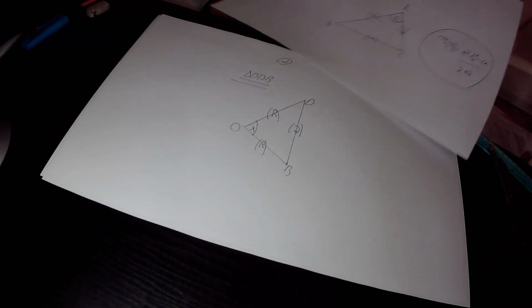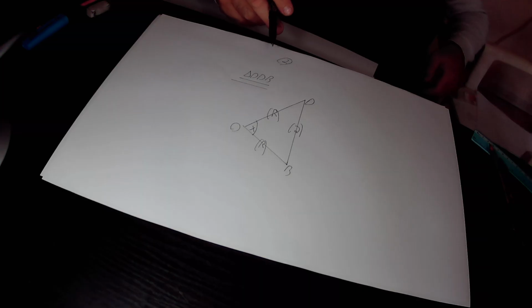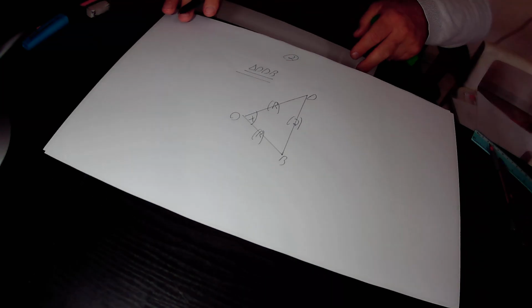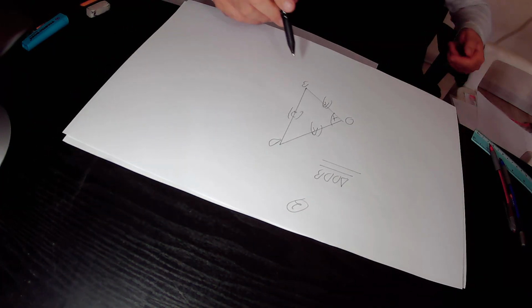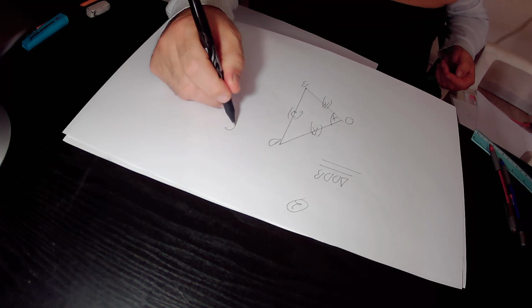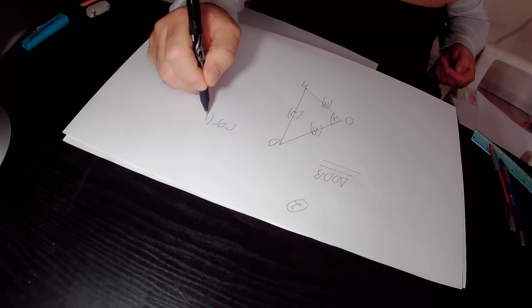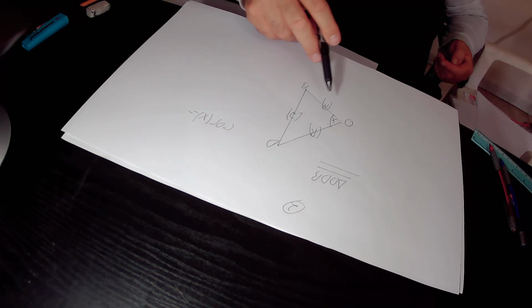So we can actually apply the law of cosines in this triangle BOD, DOB, or ODB. According to the law of cosines, in the triangle ODB, cosine x will be equal to OD squared.